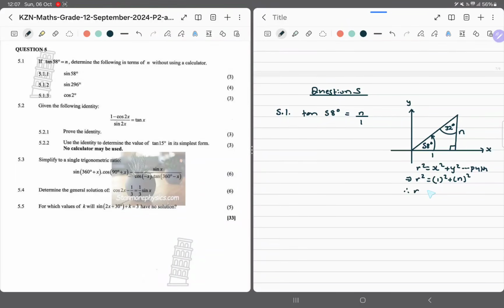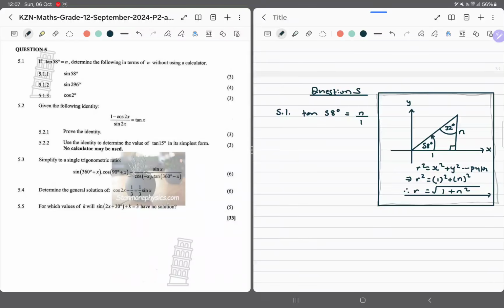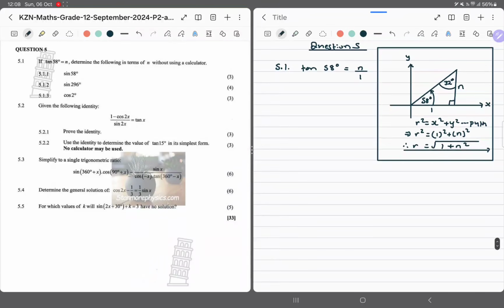So therefore our r, when we take the square root, remember r is that radius or the terminal arm, is going to be the square root of 1 plus n squared. So once this is sorted, guys, please sort this out first. Do not wait for any mishaps to start occurring. You don't want to start looking to calculate this when the questions are already hotting up. You want to start sorting them out nicely.